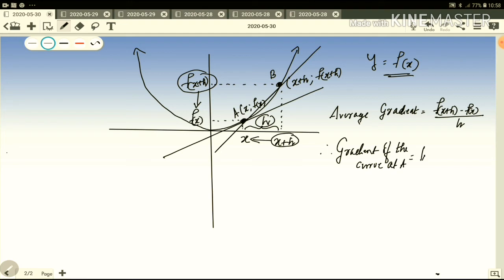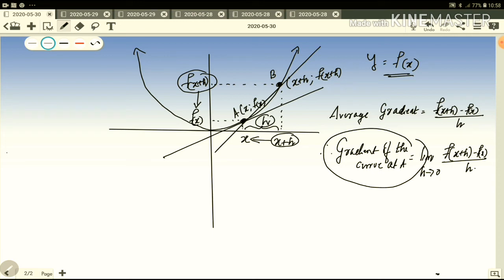Apply limit h tends to 0, f of x plus h minus f of x divided by h. See, we got the gradient of the curve at A. This is the same as f dash x.